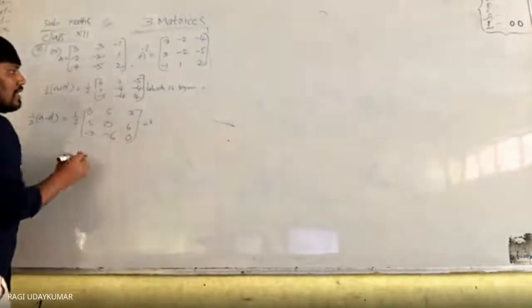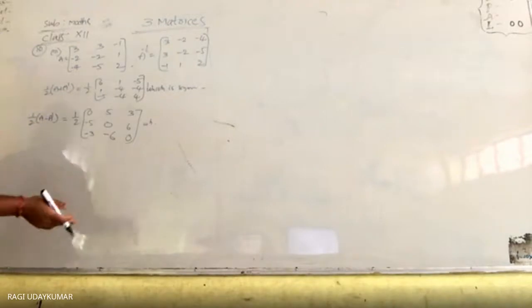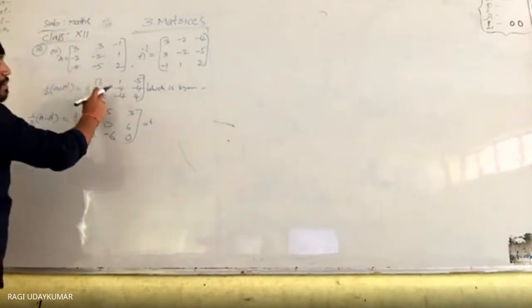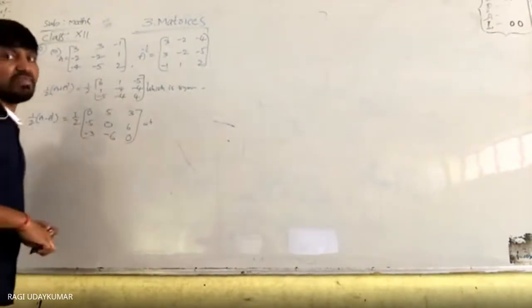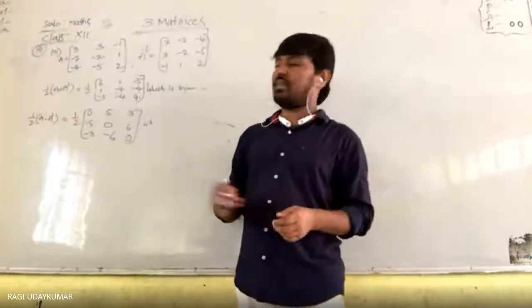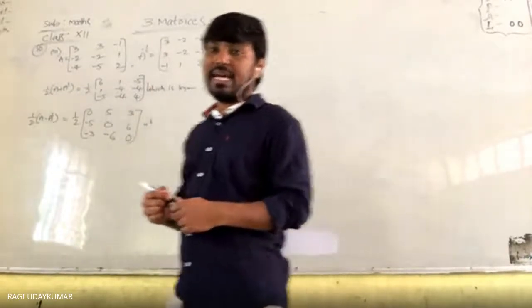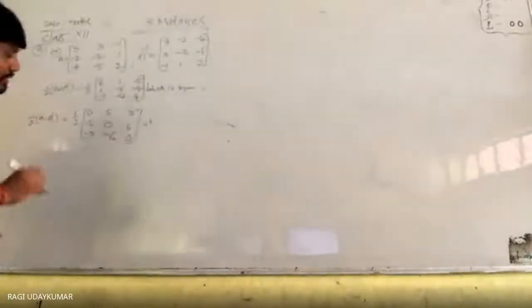So actually add these two, that will be equal to this. So this can be written as the sum of the symmetric and skew symmetric matrices. Add these two, with 1 by 2 let it be. See here, adding these two matrices you can do like this also.